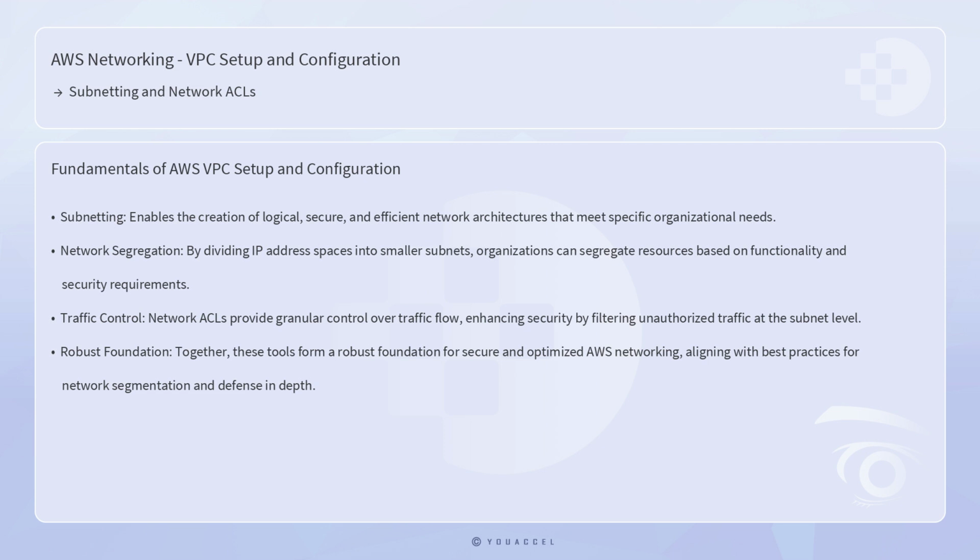Network ACLs provide granular control over traffic flow, enhancing security by filtering unauthorized traffic at the subnet level. Together, these tools form a robust foundation for secure and optimized AWS networking, aligning with best practices for network segmentation and defense in depth. As aspiring AWS Certified Cloud Practitioners, a thorough understanding of these concepts is essential for designing and managing secure, efficient, and scalable cloud environments.